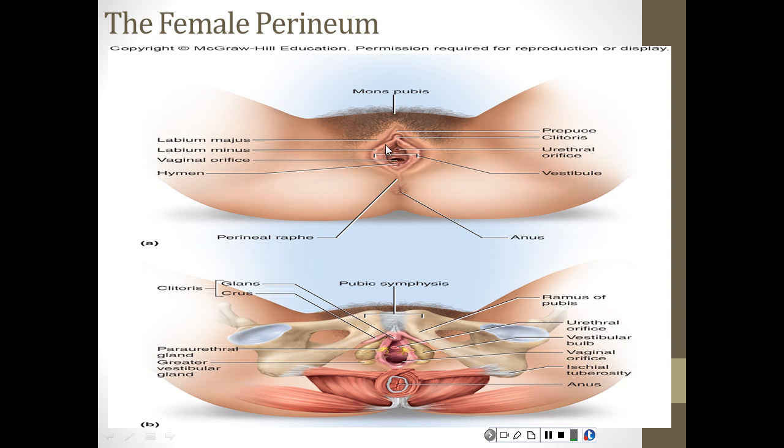That's a structure like the penis in many respects, but has no urinary role. A lot of people may have thought that this is the area that you urinate from, and it does not. It has nothing to do with urination. Its function is just sensory.